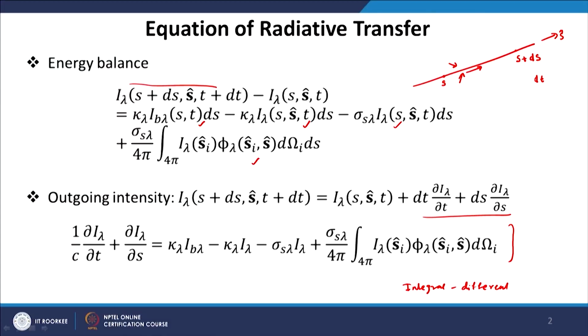This is one step further and more complicated. It has 7 independent variables, as we discussed in the previous lecture: 3 space coordinates, 2 direction coordinates theta and psi, time and wavelength.